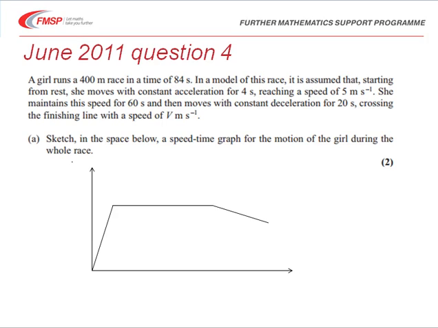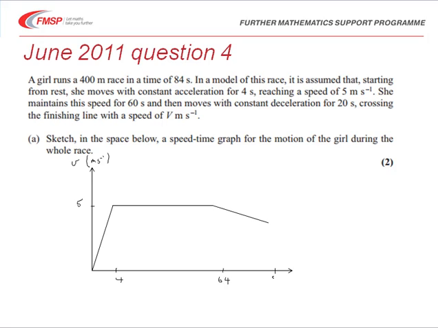So putting the numbers onto there, we have the velocity on the axis, meters per second. We're told that this velocity is 5 and occurs after 4 seconds. She maintains that for 60 seconds, so this point is now 64 seconds.